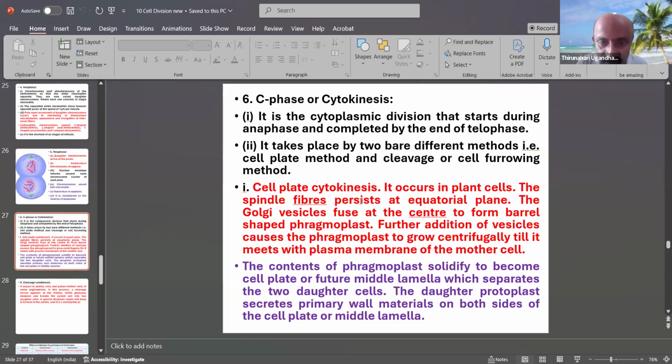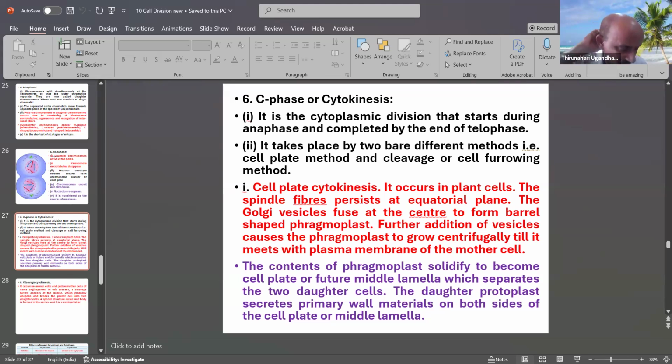Cell plate cytokinesis occurs in plant cells. The spindle fibers persist in the equatorial plane. The Golgi vesicles fuse at the center to form a barrel-shaped phragmoplast. With further addition of vesicles, the phragmoplast grows centrifugally until it meets the plasma membrane of the mother cell.